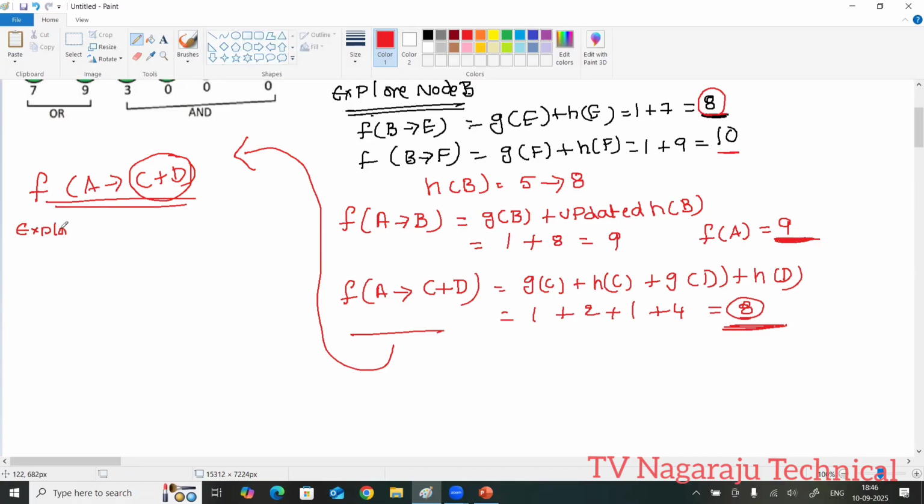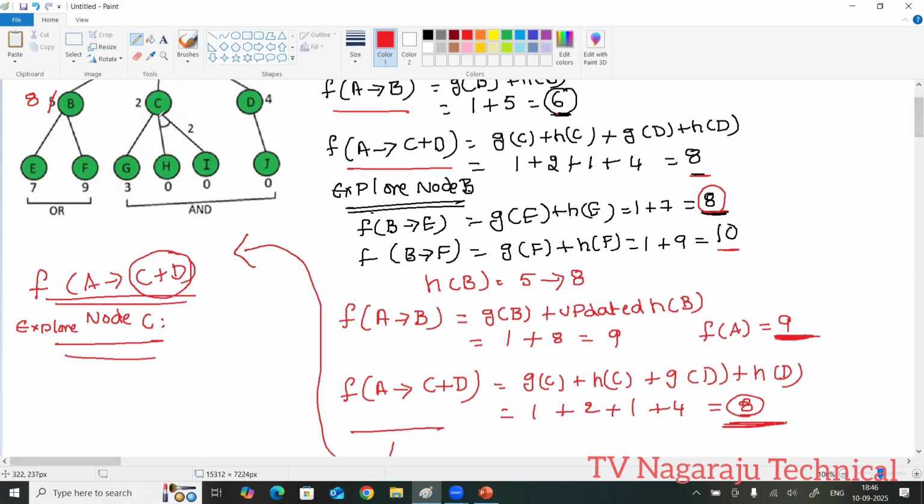First I am exploring node C. What are the children of C? C to G is an AND node, H plus I is the end node. So I will write down F of C to G is equal to G of G plus H of G. G of G value is 1, H of G value is equal to 3, the value is 4.